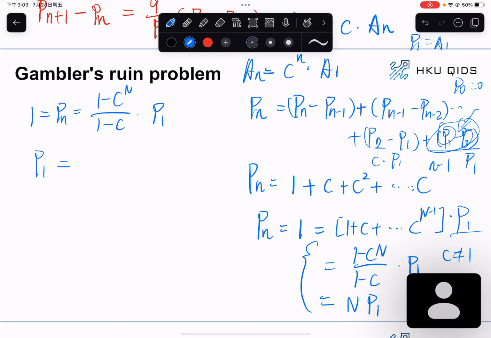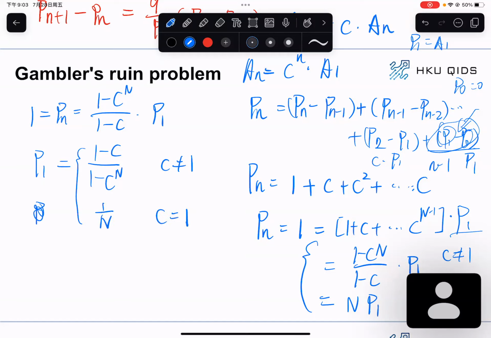So P1 is equal to (1 minus C) over (1 minus C to the n), if C does not equal 1, and P1 equals 1 over n if C equals 1. Because if C is 1, then it's just the sum of n P1s, right? This is 1, this is 1, this is 1, and there are in total n of them, so it's nP1.